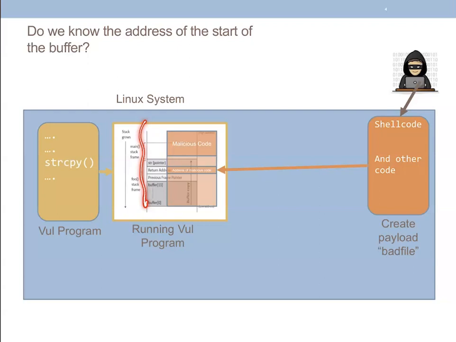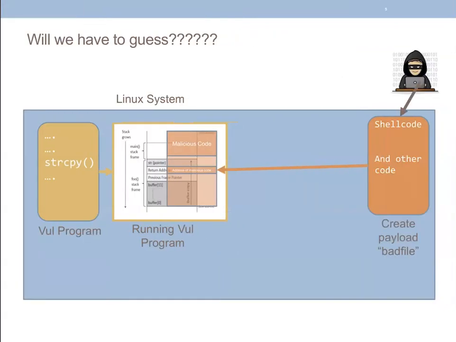But even though we don't know the details, we can guess, or we can make a little bit of an educated guess. So the next question is, will we have to guess? The answer for that is sort of. We're going to have to do some kind of guessing, but we can make a very educated guess.